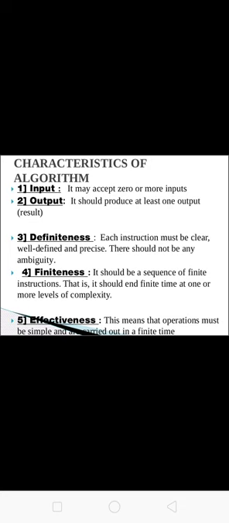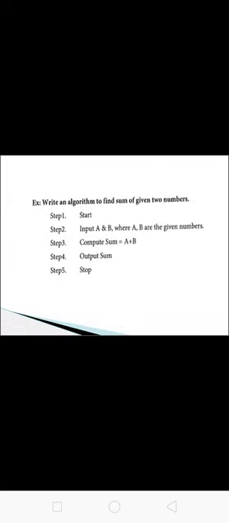These are all the five characteristics of algorithm. First, we can give zero or more inputs to the problem. Second one is output. It should produce at least one output. Output means result.